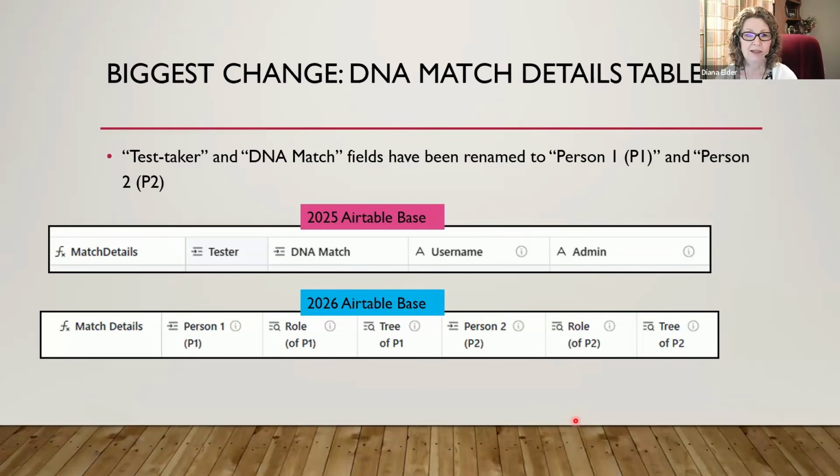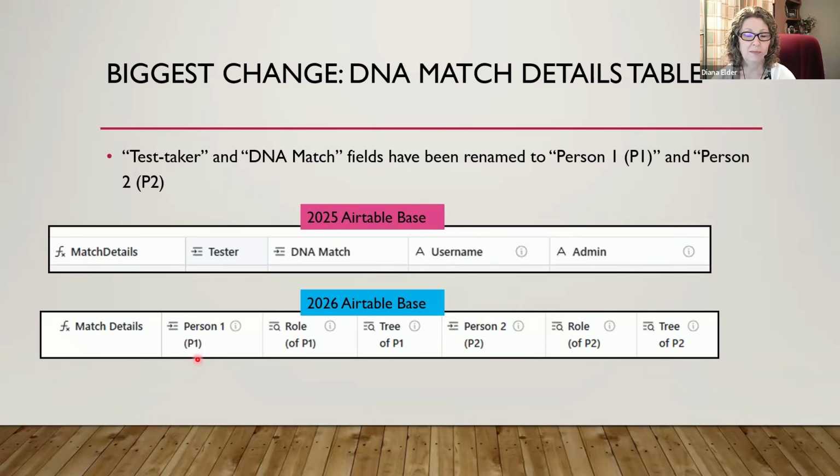Our previous table, 2025, had just the tester and the DNA match, and that's all we could do. It had the username and admin. This was great, and if you've been using anything before this one, you will have this data there. But now the 2026 Airtable base has person one and then person two.